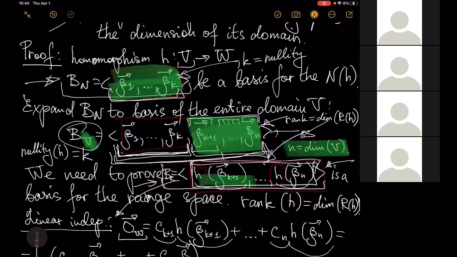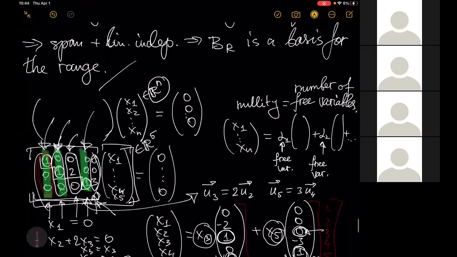While the basis of the range contains h applied to the basis of the original vector space. So it's a different object, at least in principle. Is it clear or not? That makes sense. So it's not exactly like that.